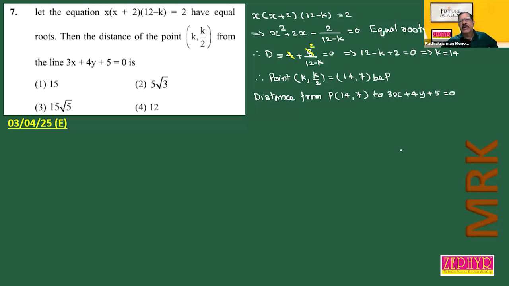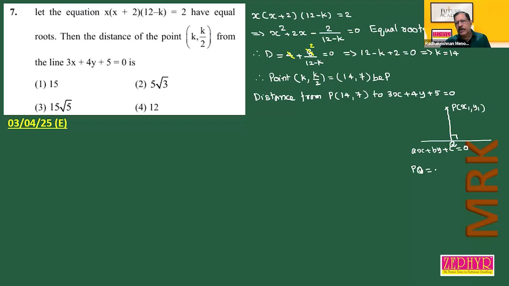In school you would have studied the distance formula from a point to a line. I hope so. Otherwise also I'll give you the formula. Point P x1 y1. The line ax plus by plus c equal to 0. PQ.